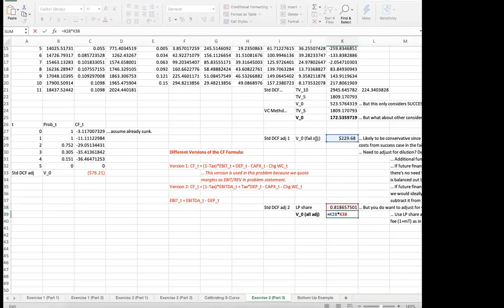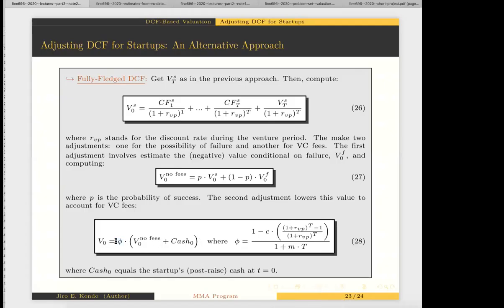Then I take this valuation. Right now, in both this calculation and this calculation, I'm assuming that Secure Tech doesn't have cash and isn't raising capital. But I basically just take fee times this number. That's the calculation of this expression under the assumption that the company has zero cash.